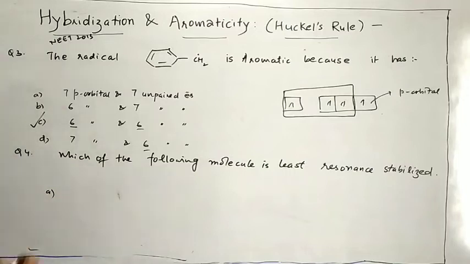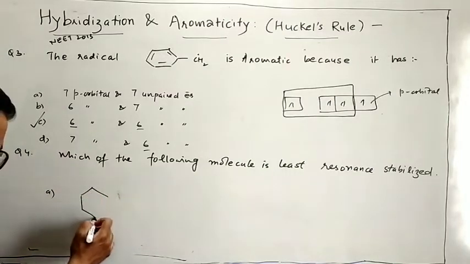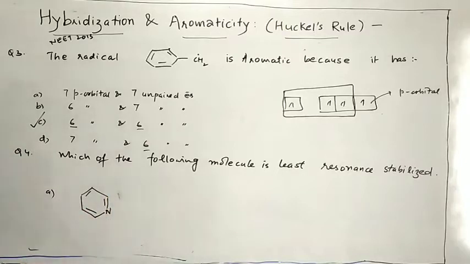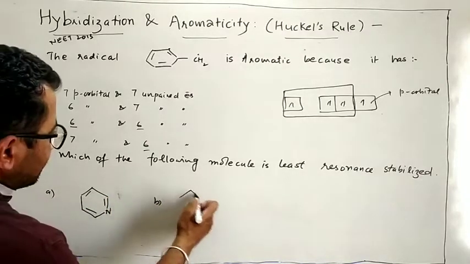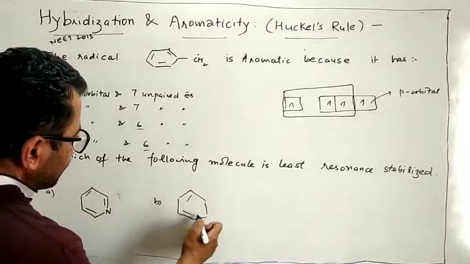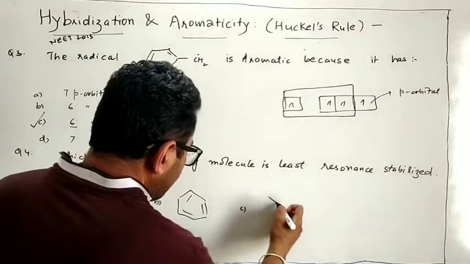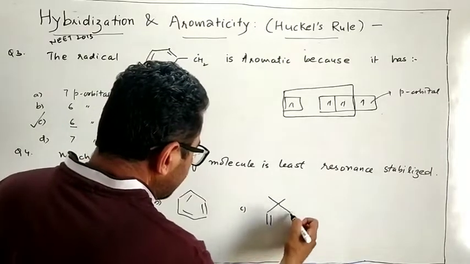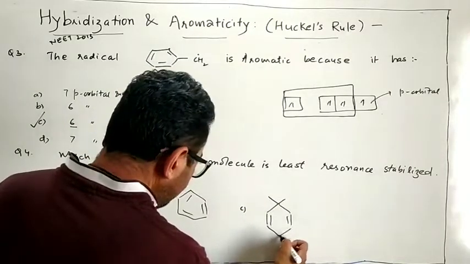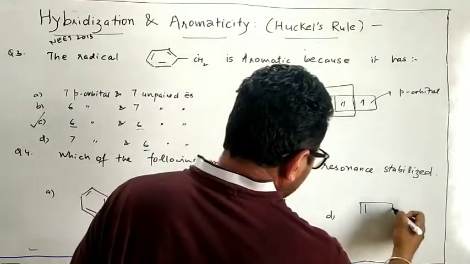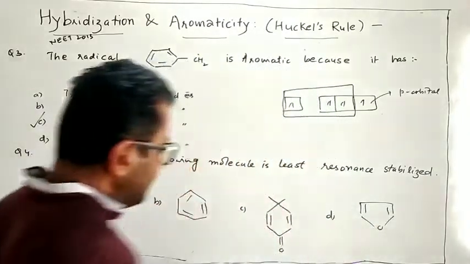Number 1 is this. Number 2 is your benzene. Very easy question. C option is a compound like this, and D option is a compound like this.